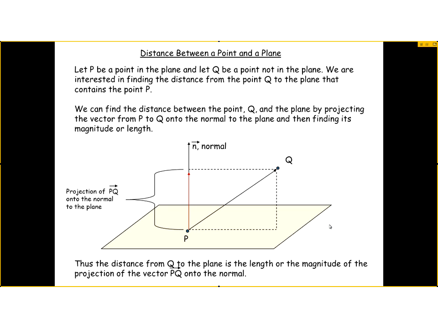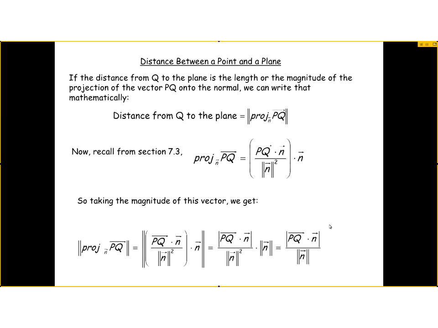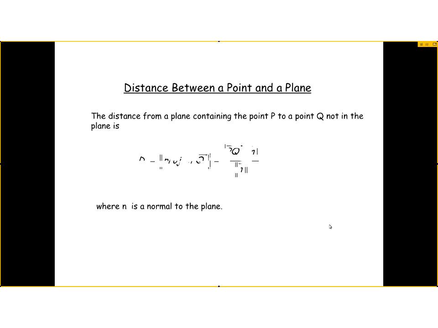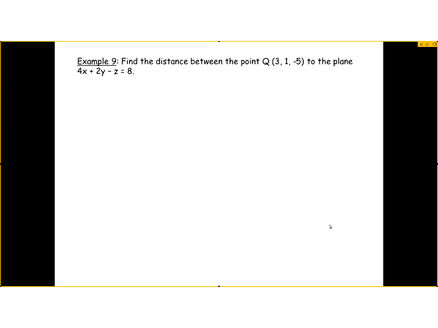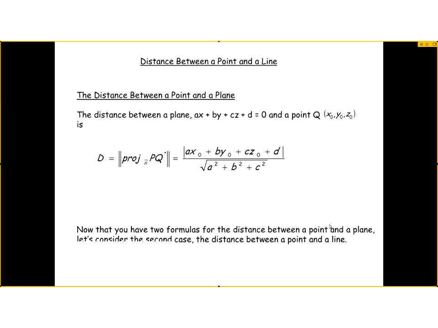So this is the projection of PQ onto the normal. So the distance between a point and a plane; these are just examples.